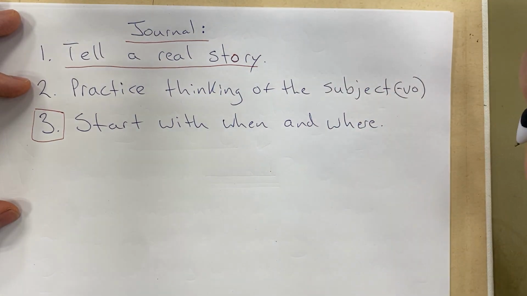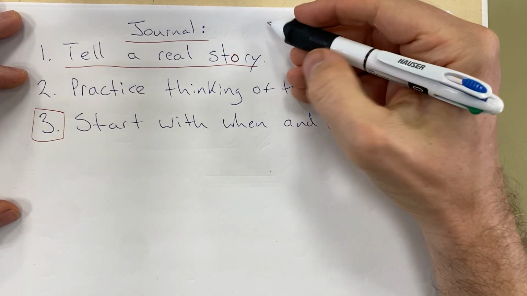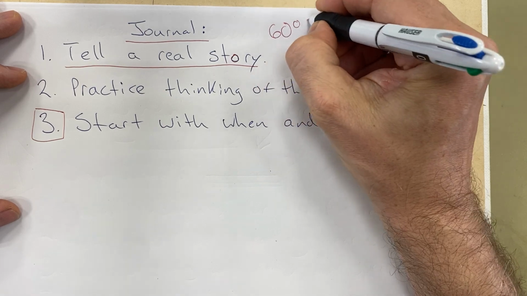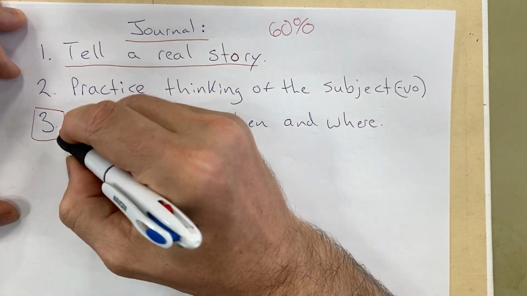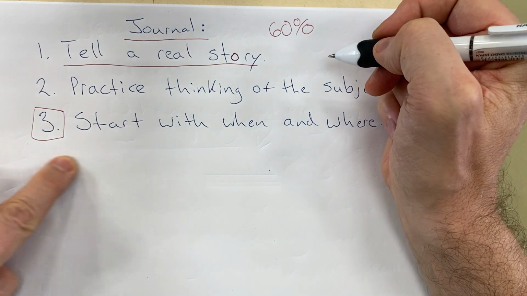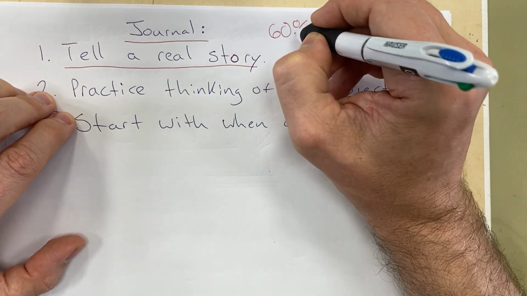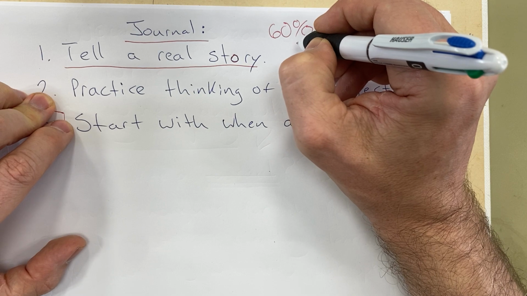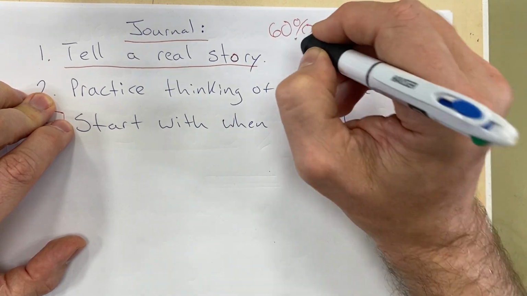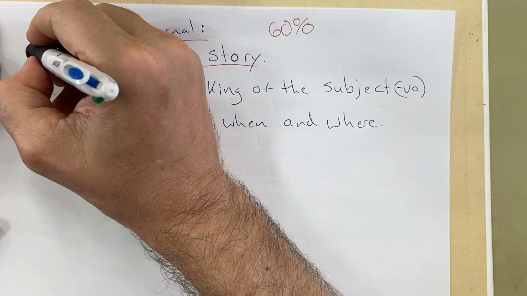But as a matter of fact, about 60% of English is telling stories. Why? We'll get to part 3 soon, and we're going to use this tip and I'll show you this, but 60% of your speaking English is going to be telling stories because, let's take a look.